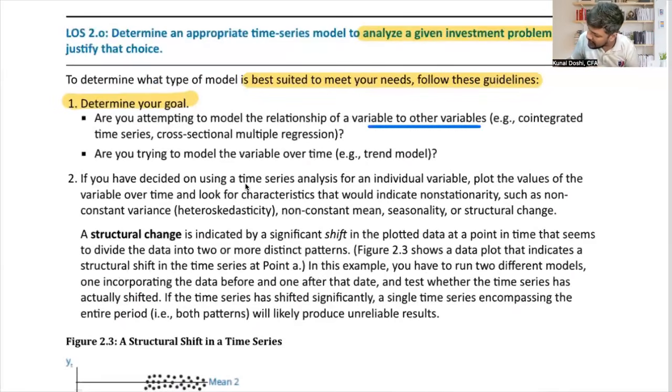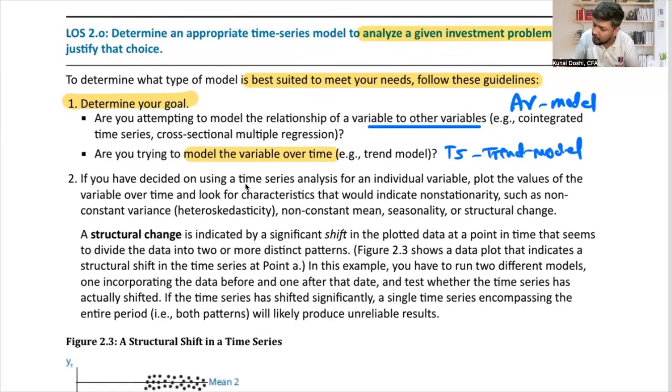So we can use the AR models in this case. But if you are trying to model the variable over time, this is where we use the time series or trend models. Clear? So depending on what you're trying to look at, accordingly, you will use the model. Number one, easy, right? Okay.